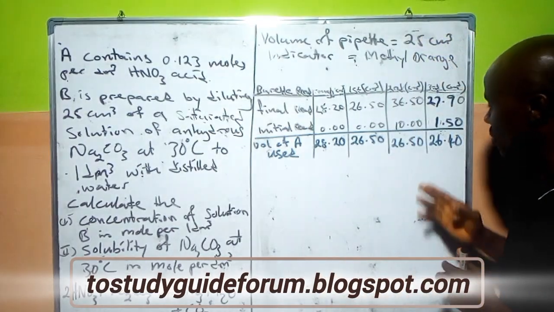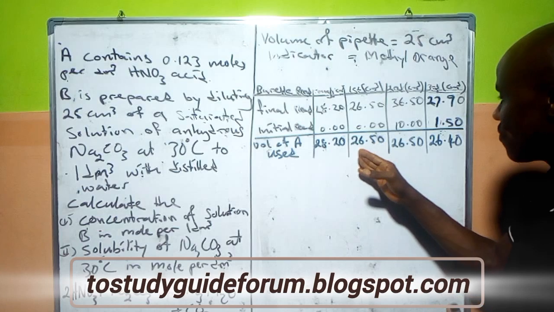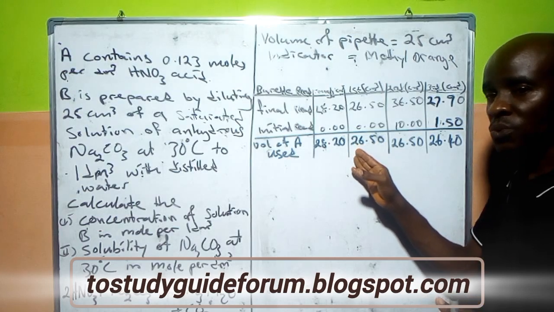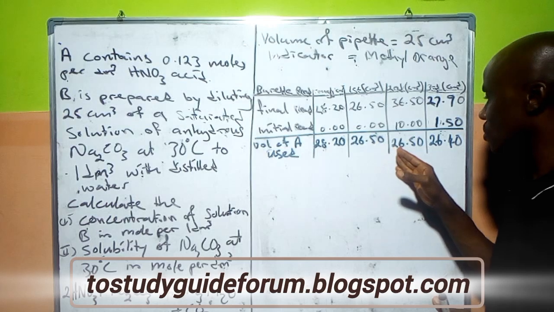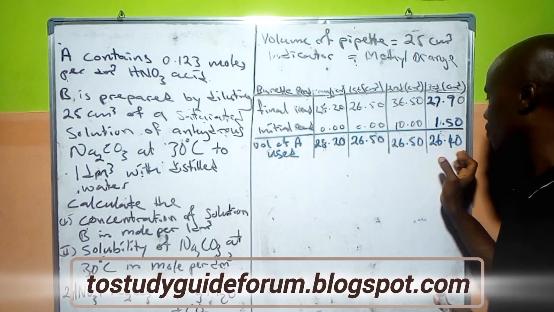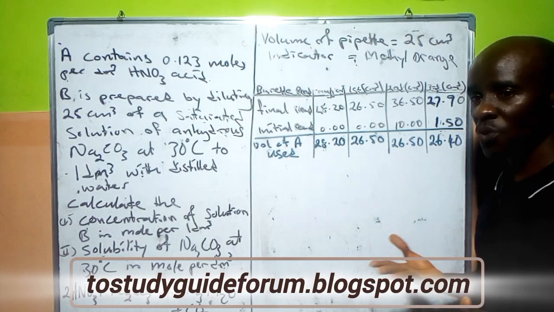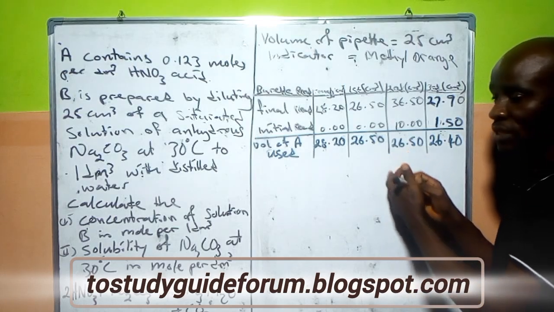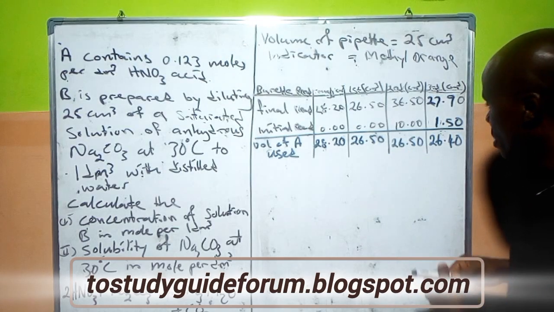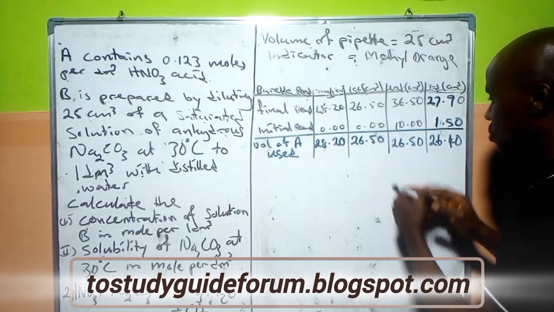If you look at this, we have 26.50, 26.50, 26.40. They are very close to each other. So we can decide to use all, or maybe use these two that are together. But anyway, let's use all of them.